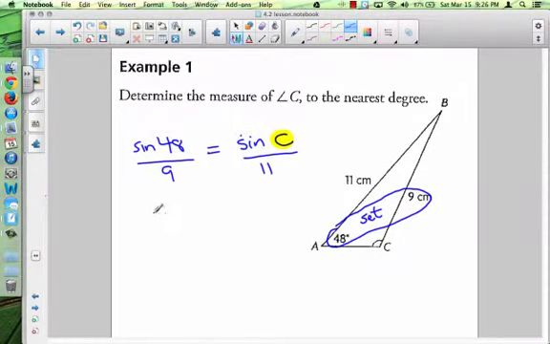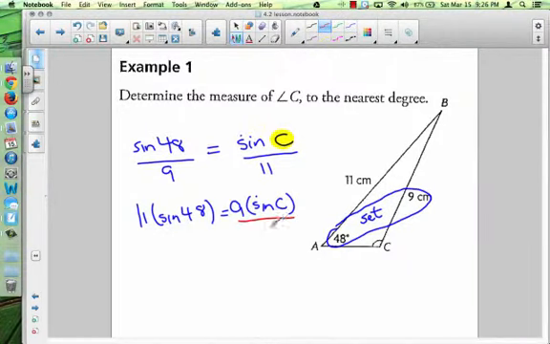So when we cross multiply, we're going to have 11 times the sine of 48 equals 9 times the sine of C. Sine of C is what I'm finding, so it's that 9 that I've got to get rid of. So I need to divide both sides by 9. When I do that, I isolate the sine of C. So I know the sine of C is 11 times the sine of 48 divided by 9.